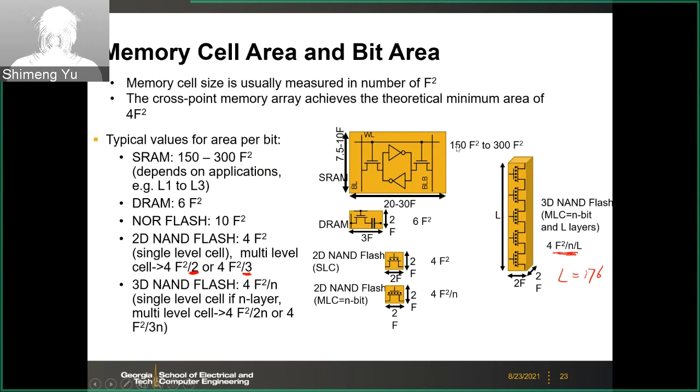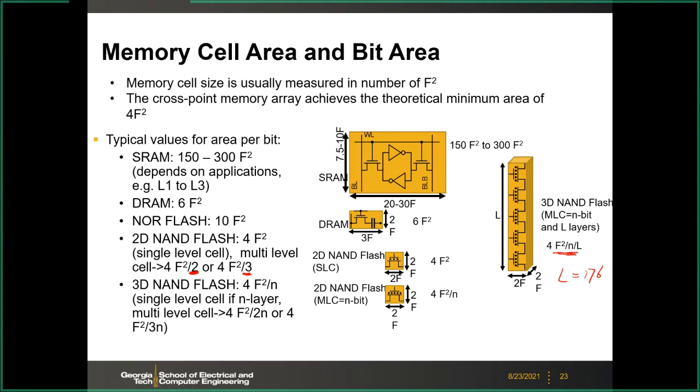Even at the same technology node, the same F, you will see that SRAM will be tens of thousands of times higher in equivalent area than the flash. That's why flash becomes so cheap these days, because you can pack so many bits within this 2F by 2F silicon space. So any questions here?